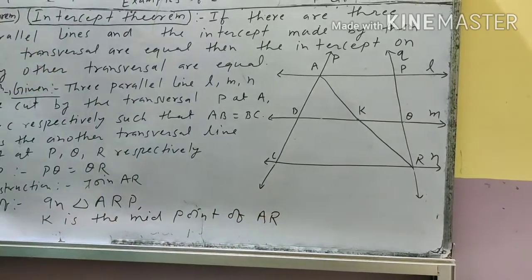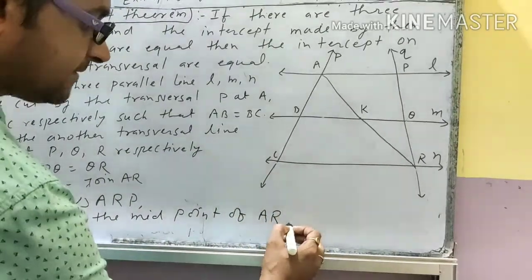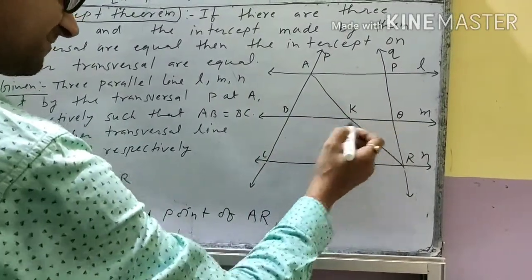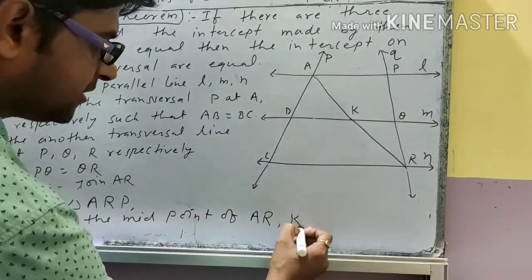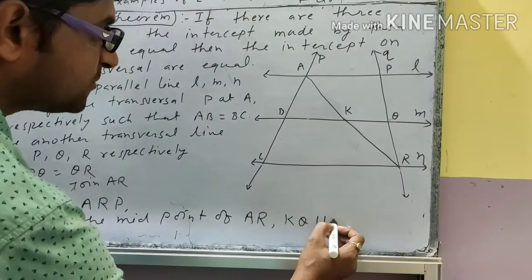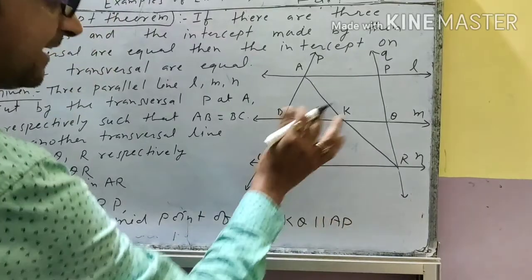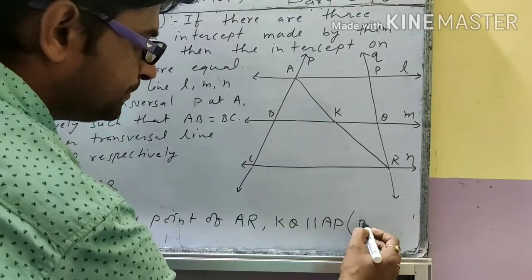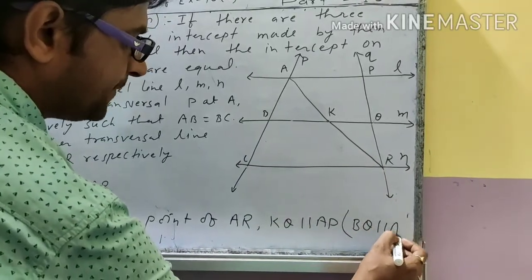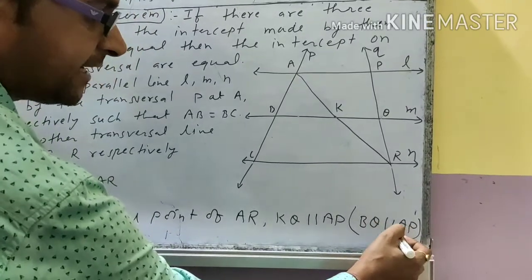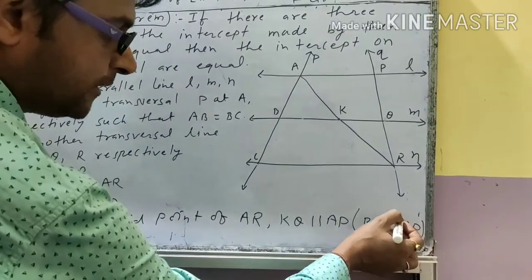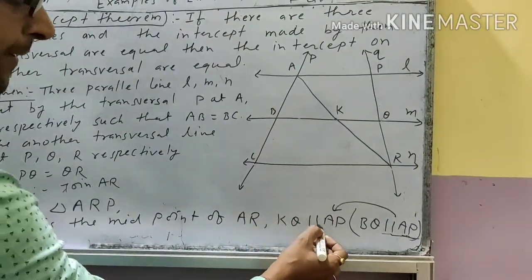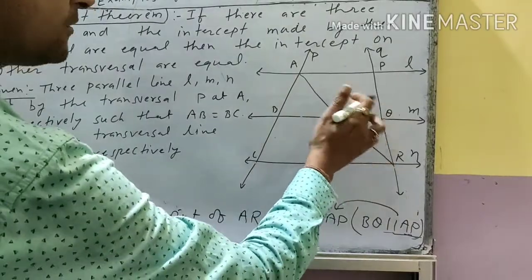Write down here, student, K is the midpoint of AR, KQ is parallel to AP. In bracket we can write here BQ is parallel to AP, because this information is given, and according to this information this will be created. So KQ is parallel to AP.